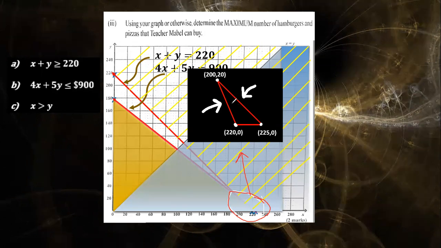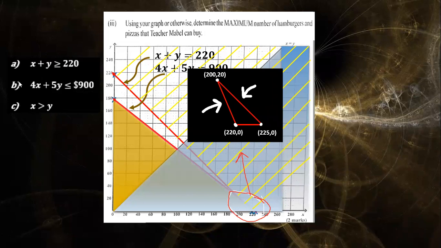They will both form a very small triangle. You can't even see it, and it will look something like this. So to answer this question, what we need to do? Well, before we answer this question, definitely this is the region that satisfies all three inequalities.